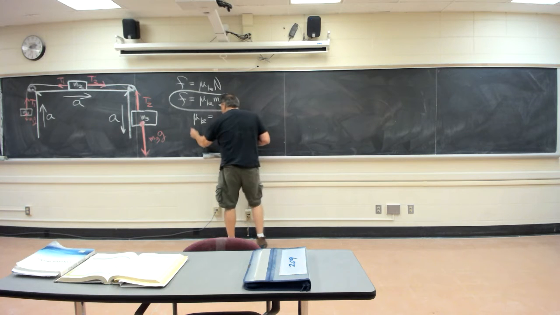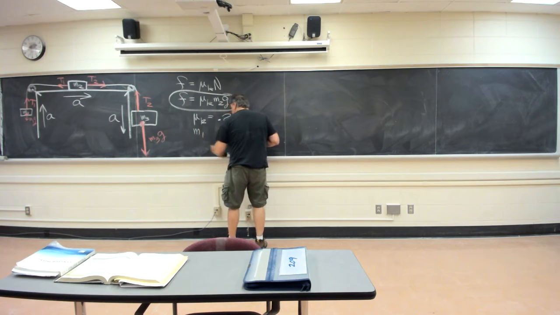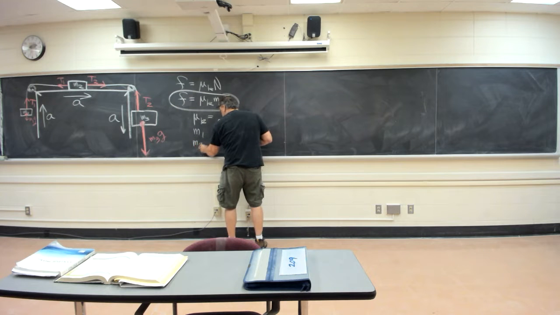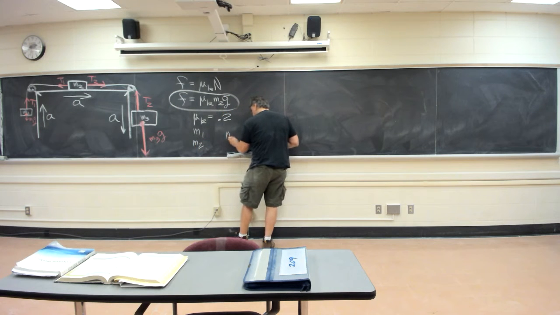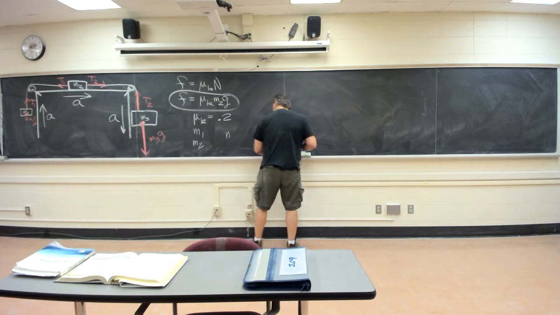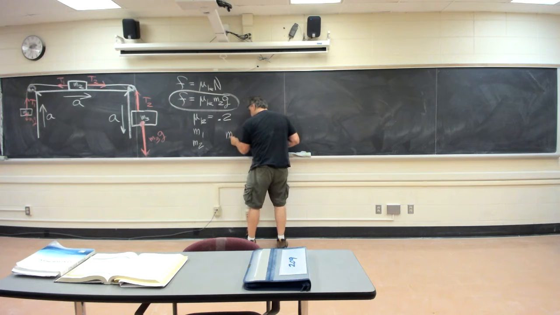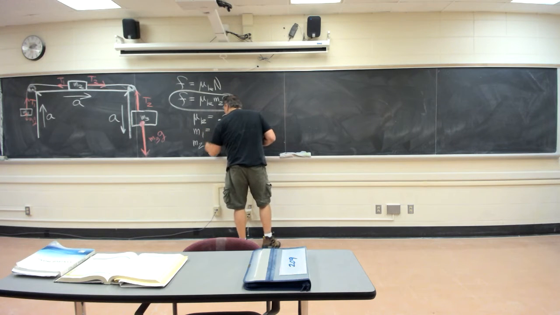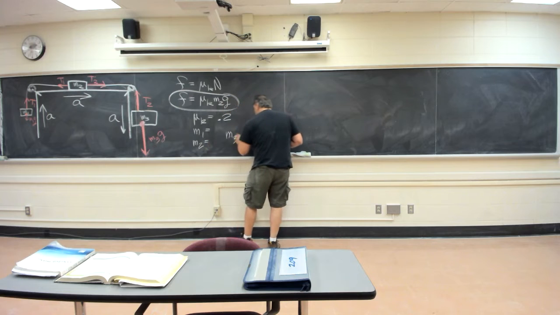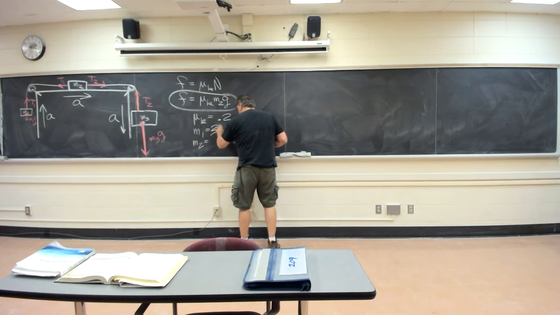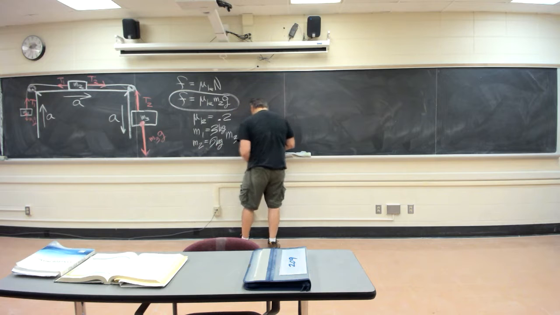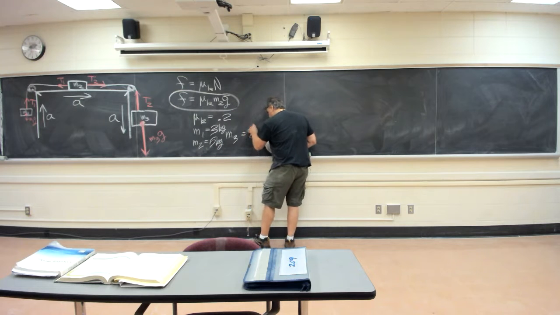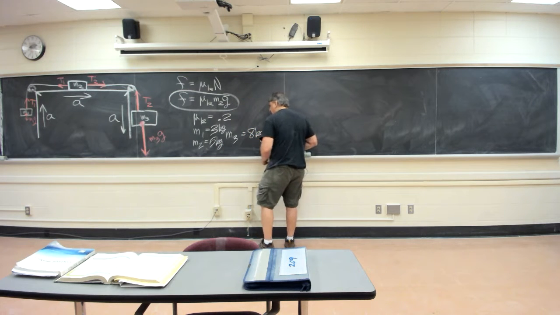And as I said, the masses are as follows: M1, M2, M3. M1 is 3 kilograms, M2 is 5 kilograms, M3 is 8 kilograms.